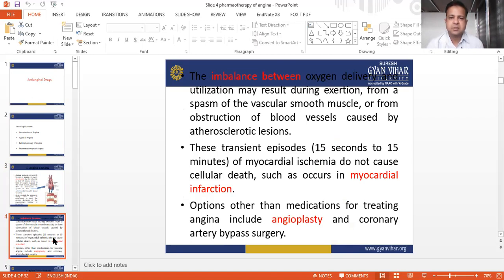These transient episodes, that is 15 seconds to 15 minutes of myocardial ischemia, do not cause cellular death, such as occurs in myocardial infarction. Options other than medications for treating angina include angioplasty and coronary artery bypass surgery.